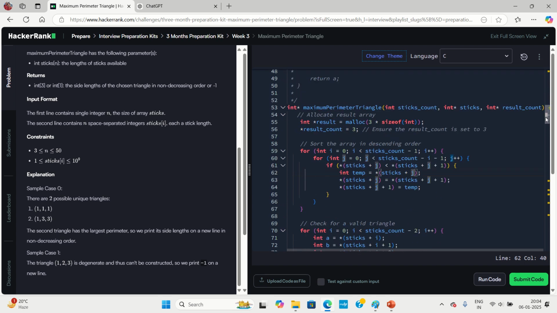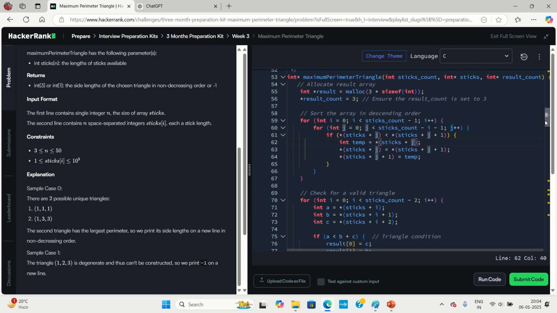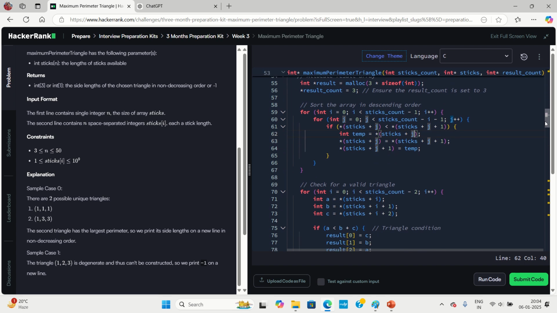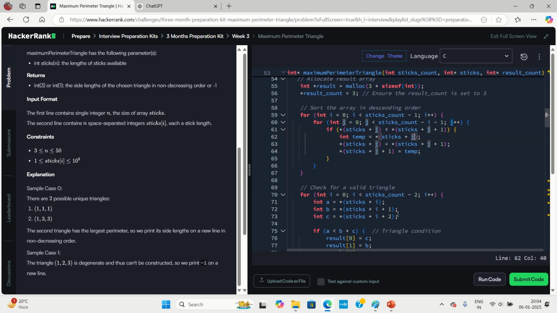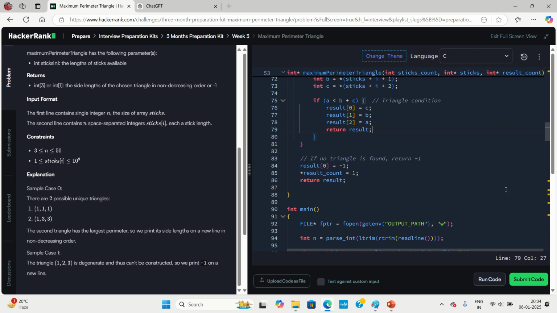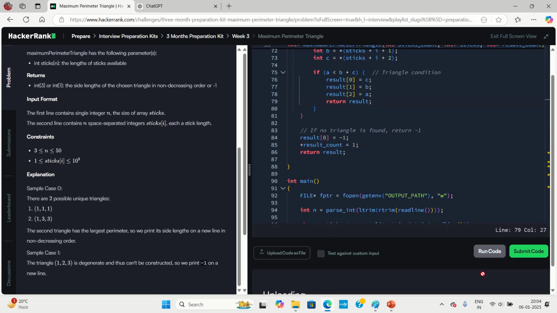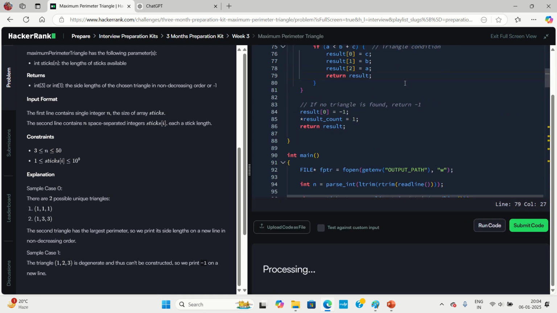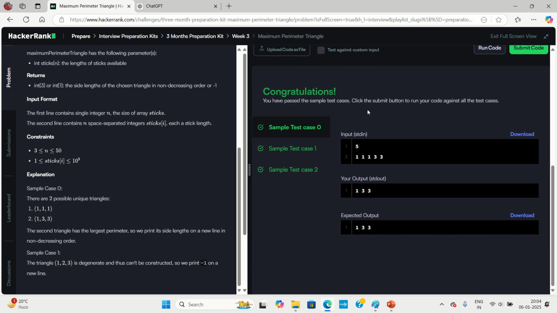So I hope I have corrected all the mistakes here. Fine. So I am dynamically checking the allocation. Okay, and so let's run the code once again. Here it should give the correct output now. Yeah, so it is giving us the correct output.